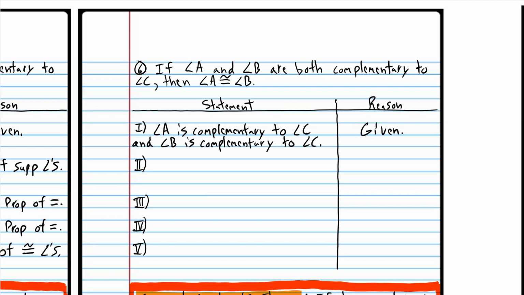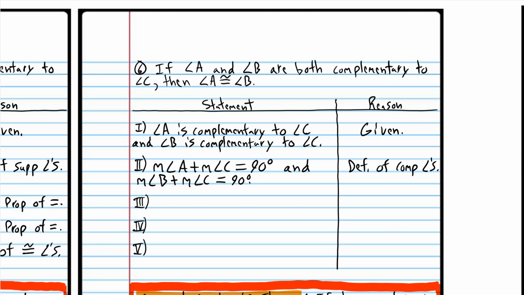Now, if angle A and angle C are complementary, then the measure of angle A plus the measure of angle C must be 90 degrees. That's just a definition. And if angle B is complementary to angle C, then the measure of angle B plus the measure of angle C must also be 90 degrees. That's definition of complementary angles.